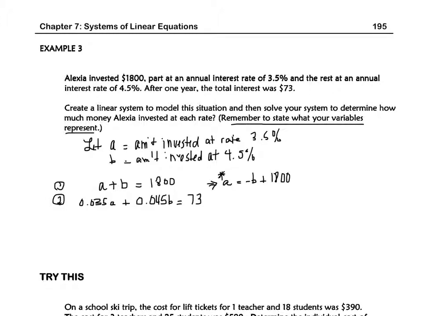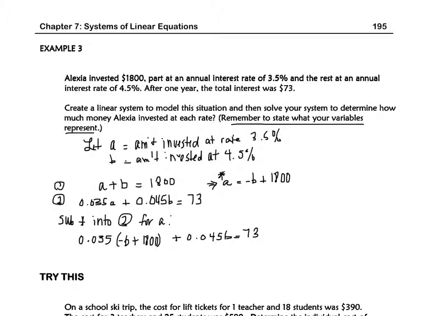So then I'm going to substitute my star into the equation it didn't come from, which would be equation 2, and I'm going to substitute it for A. So that would give us, with a new equation 2 of 0.035, instead of A I'm going to put in brackets, write the rest of the equation down exactly as it is, and then I'm going to put in, instead of A we said we were going to put in our star equation, negative B plus 1,800.